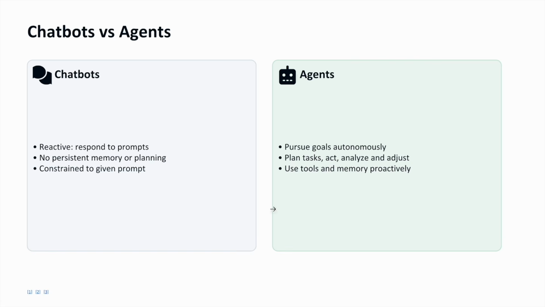And as I've already explained, agents pursue goals autonomously; they can plan tasks, act, analyze, and adjust accordingly. And the best thing is they can communicate with other agents like humans. I am a human, I communicate with another human, and our way of communication is basically through speech. But agents communicate through a specific protocol known as the A2A protocol, which is the agent to agent protocol.